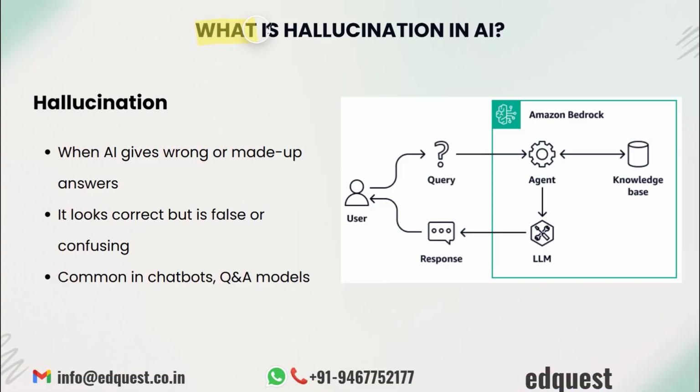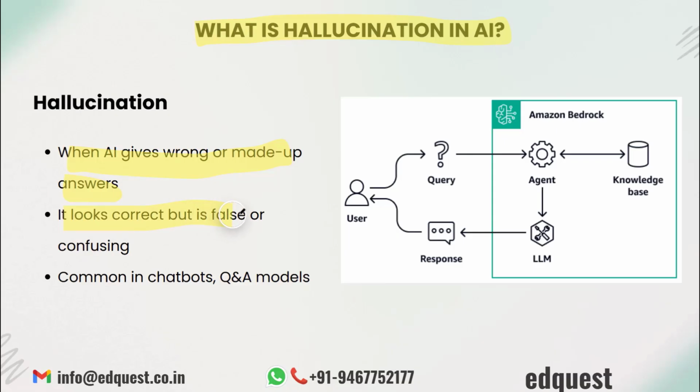What are hallucinations in AI? Let's start with a common issue in AI systems, hallucinations. Hallucinations happen when an AI confidently gives a wrong or made up answer. It looks believable, but it is not true.